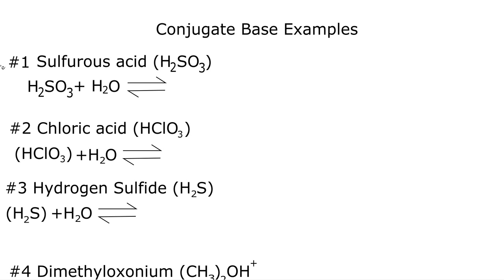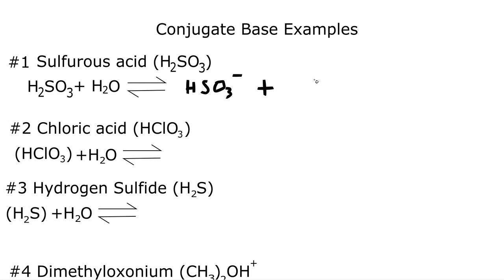So H2SO3 will lose its proton, our hydrogen ion. So we still have another hydrogen, HSO3. Keep in mind, we did not move any electrons. We still have our electrons from that hydrogen. So we only lost a positive charge from our neutral molecule. So this will be a minus right here.